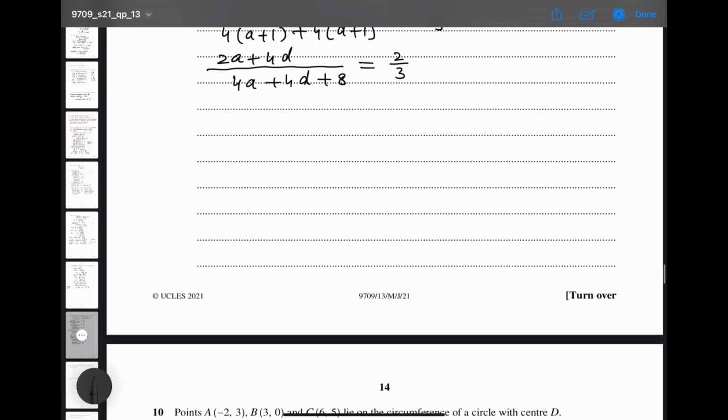Now we cross multiply it. We get 8A plus 8D plus 16 is equal to 6A plus 12D. Now we can write it as 8A plus 8D plus 16 minus 6A minus 12D is equal to 0.